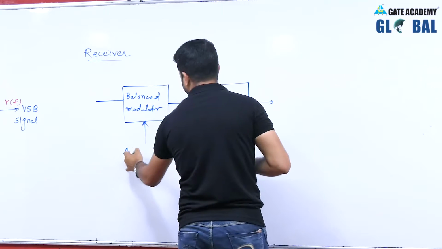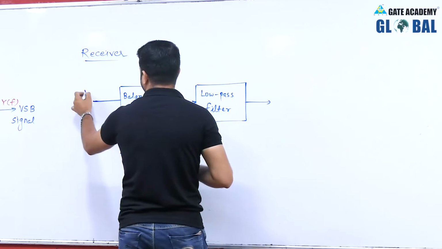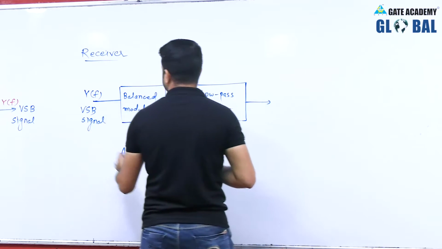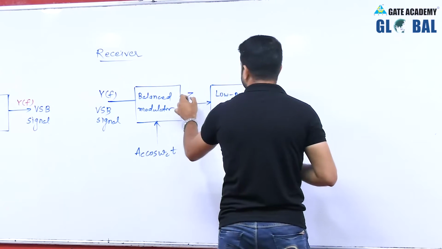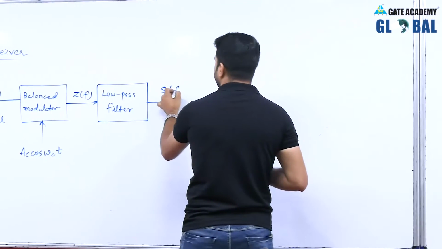Here the carrier should be synchronized with the transmitter carrier frequency. So cos(ωc t), here we are getting Y(f) because the vestigial sideband signal should be the input. This is Z(f) and this is S(f), suppose.